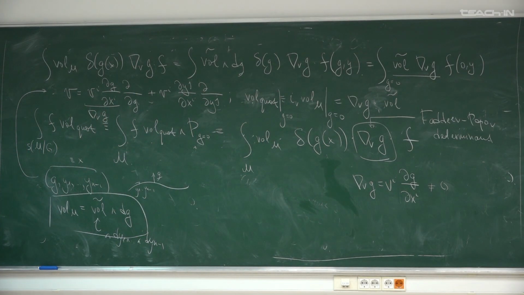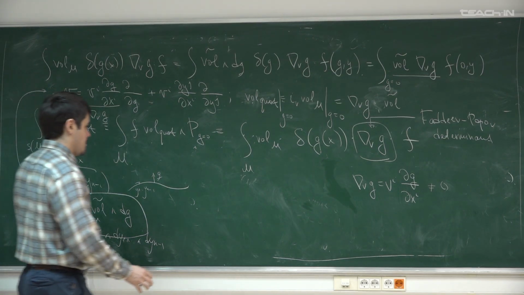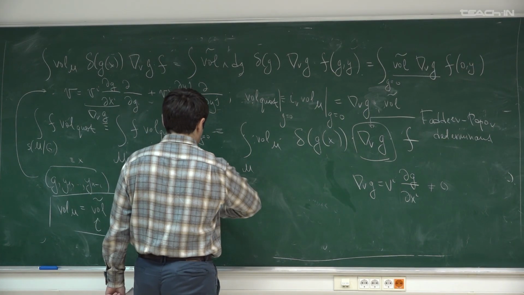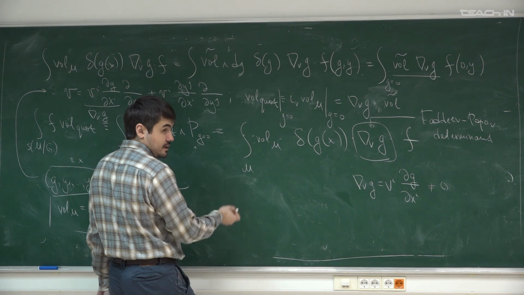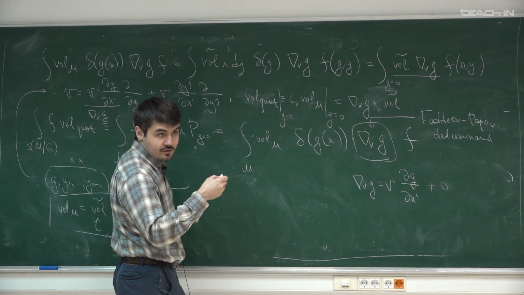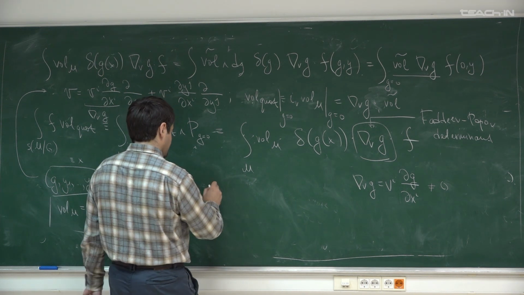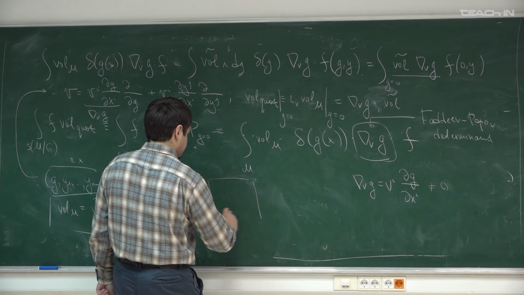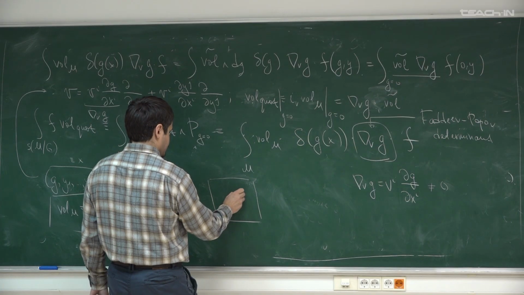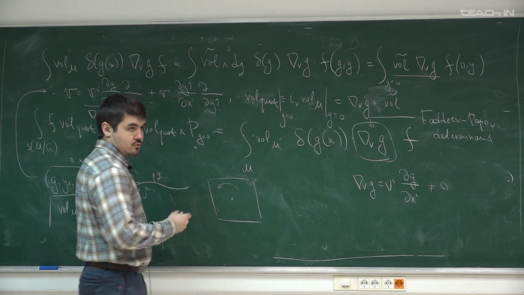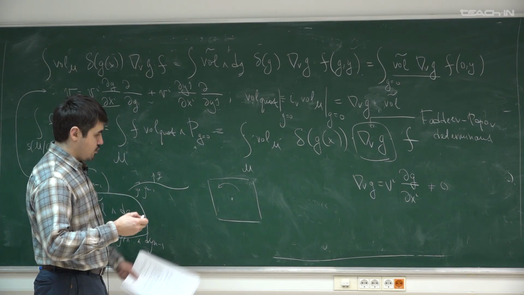So it's easy to see what it is in some examples. For example, if you have a U1 action in the plane, rotation in the plane around the origin, and we want to form the quotient.